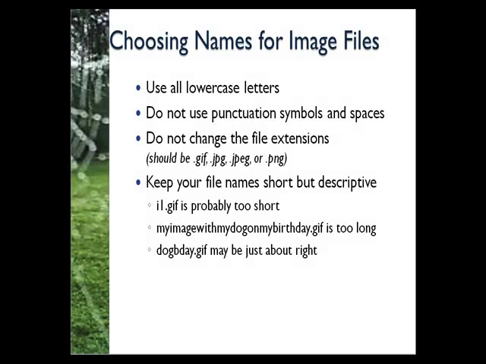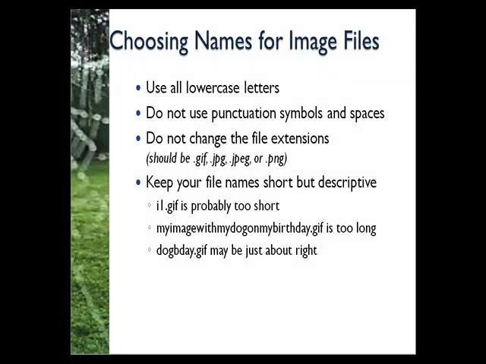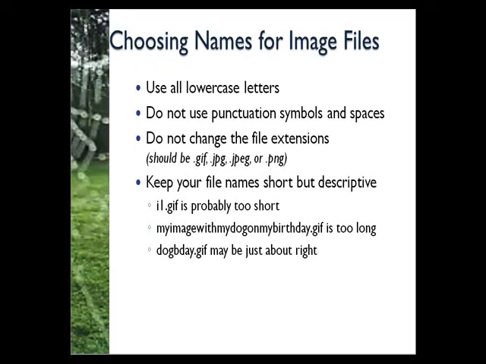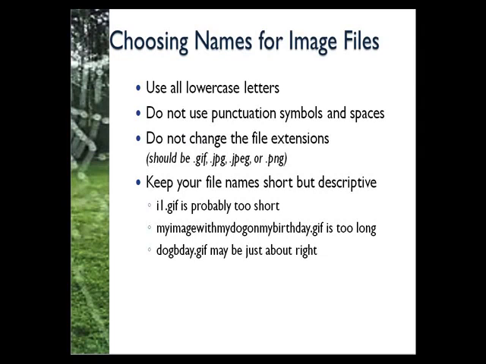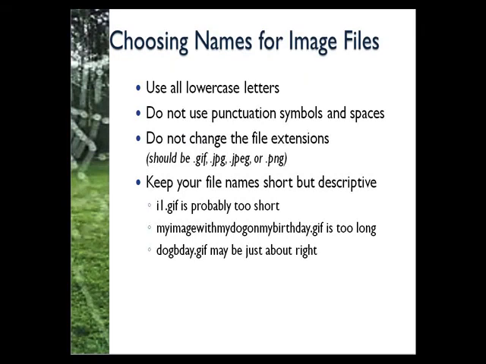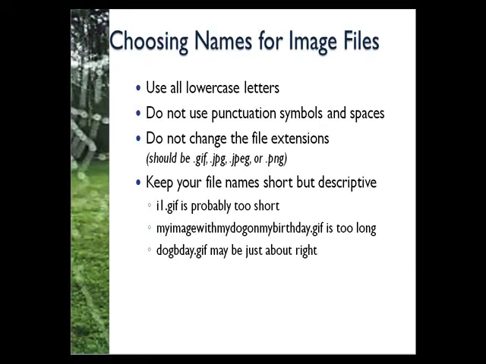So short descriptive names are the best way to label images so that you know what they are without having to go in and look at them. All lowercase letters. Don't use punctuation symbols or spaces. You guys have heard that from me before. You can't change the file extensions either. Whatever it is given, it needs to stay that because that's how the browsers know what kind of file it is and how to interpret it.